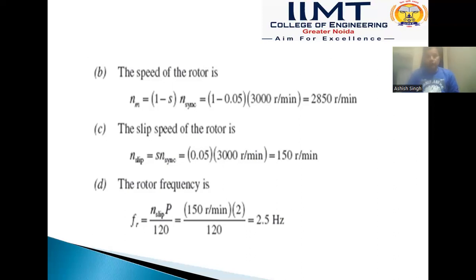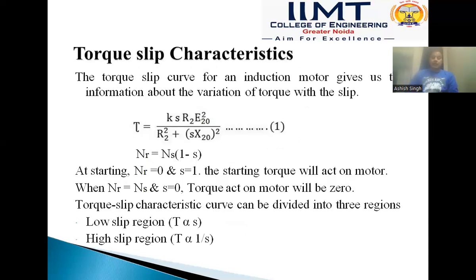So we get 150 revolutions per minute, or simply we can calculate it as Ns minus Nr. And the formula for rotor frequency is Fr equals s times f, and we have the value of s as well as f. We get 2.5 Hz.